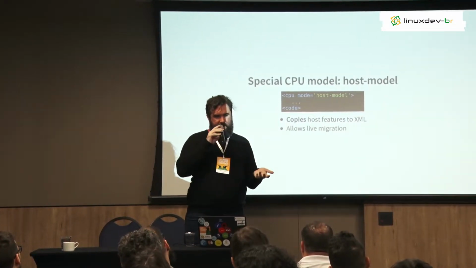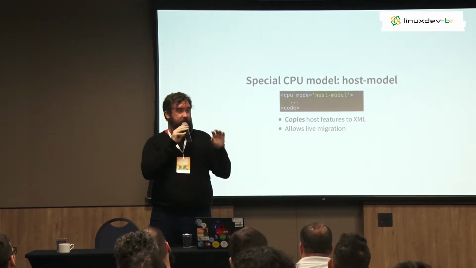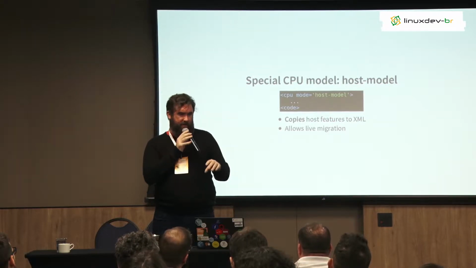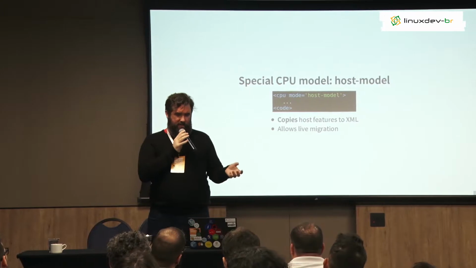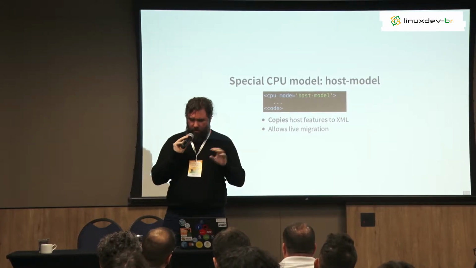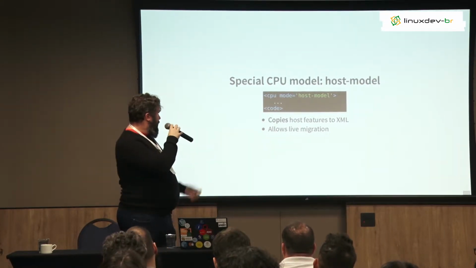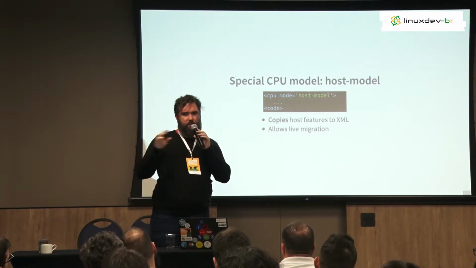In addition to that, you have a special mode that does not exist in QEMU, but it exists in libvirt, to make this a little bit easier. That's called host model. Host model is basically getting the best of both worlds.